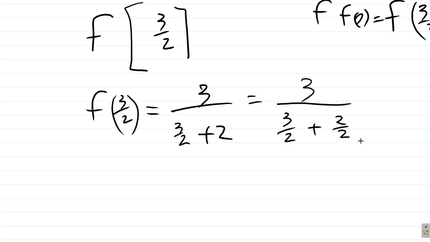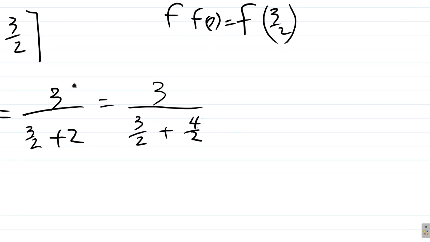But we need a common denominator, so let's multiply this 1 by 2. 1 by 2 gives you 2, and you must multiply the top by 2 as well. 2 by 2 gives you 4. So it's 3 halves plus 4 halves. Well, 3 of anything plus 4 of that is 7. It's 7 halves.